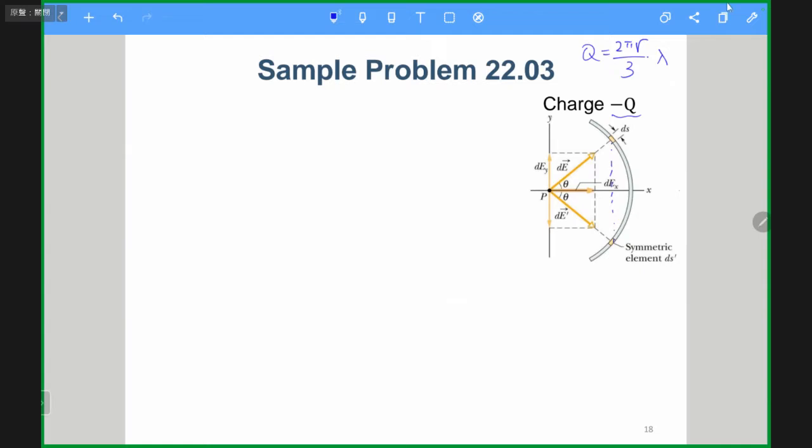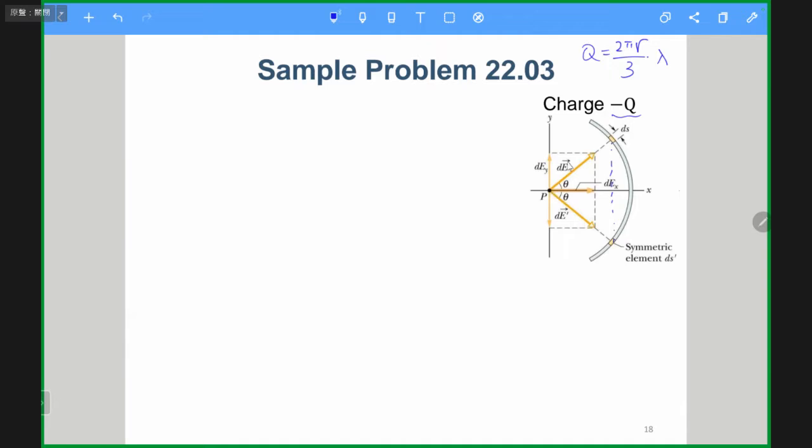Here, for this ds, it is a negative charge. So dE points toward this charge packet, to the upper right. Then we can decompose it into the y-axis and x-axis components, like this. For the symmetric part, ds prime, the E field is pointing to the bottom right.